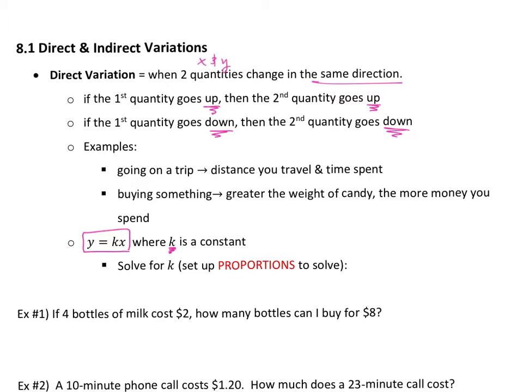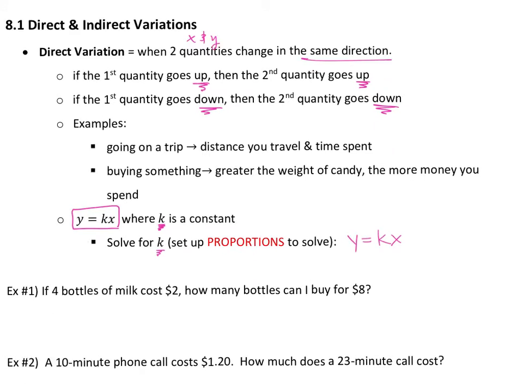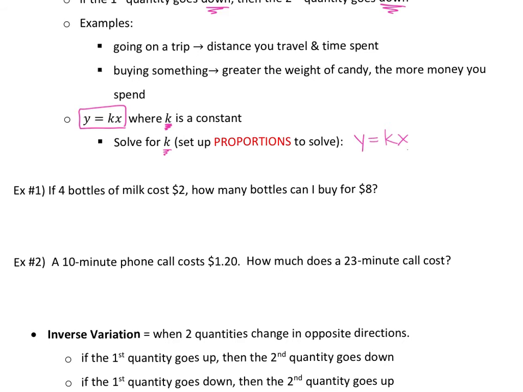Okay, so when we do direct variation, if we solve for k right now to see the relationship between our x and y, you have y equals k times x is your equation. If we solve for k, we would divide by x on both sides, and that would mean that k equals y over x.